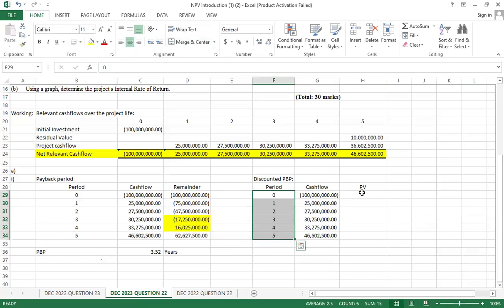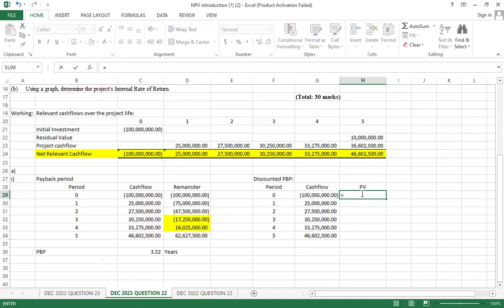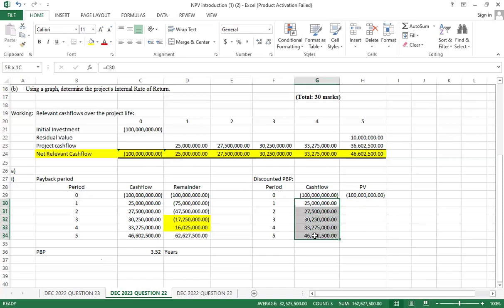Now the first thing to do is to get their present values. The initial investment is normally a present value, not a future value, so that one remains at what you had before. You then need to compute the present value for these cash flows, period 1 to period 5.